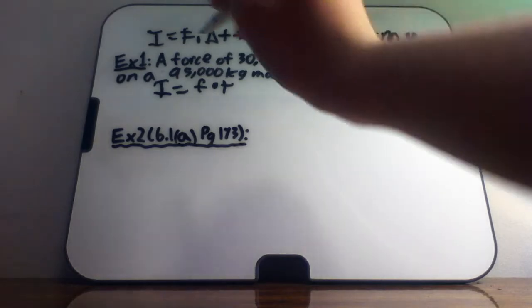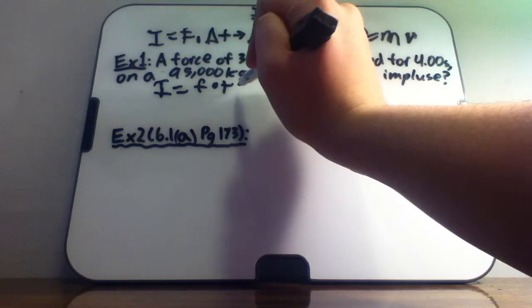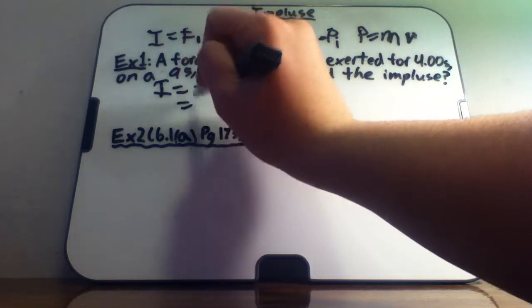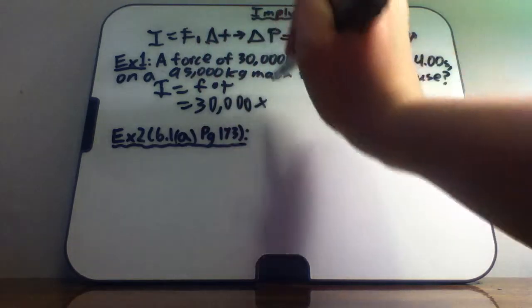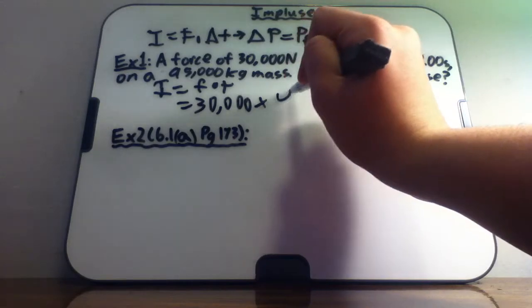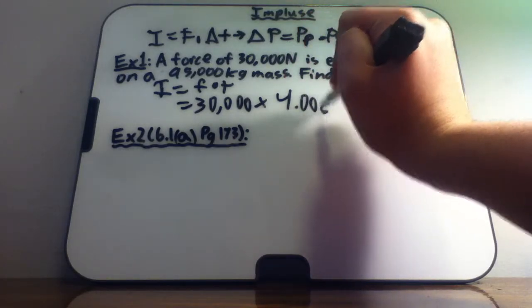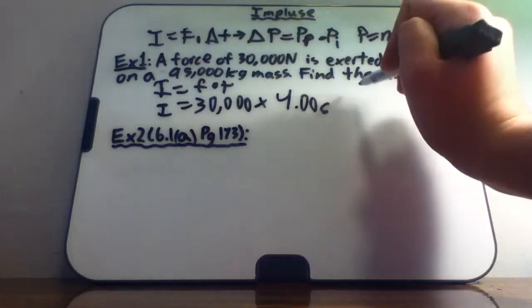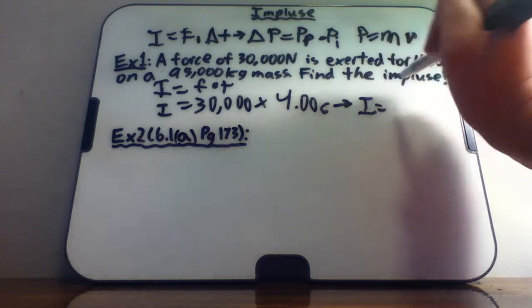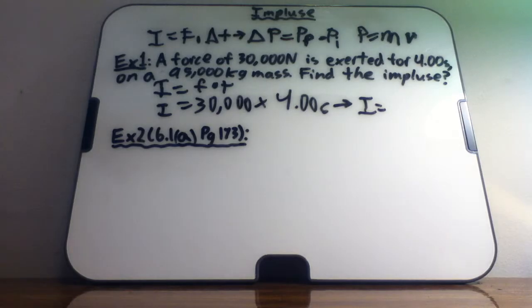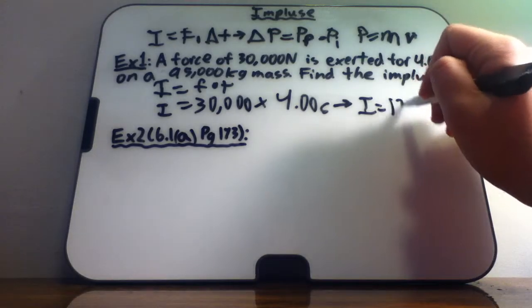So the force is 30,000 newtons times 4 seconds, and we know that the impulse equals 120,000 newton seconds.